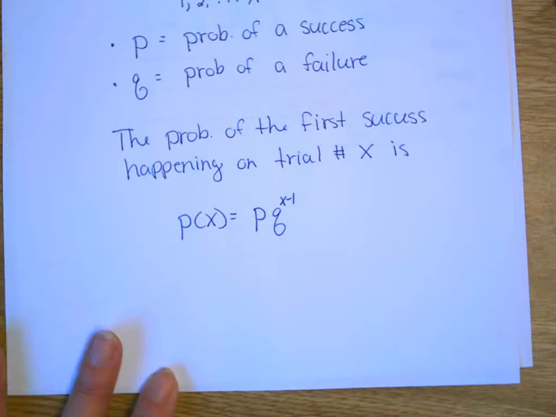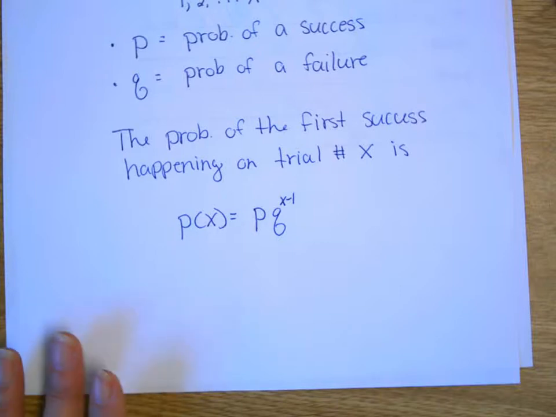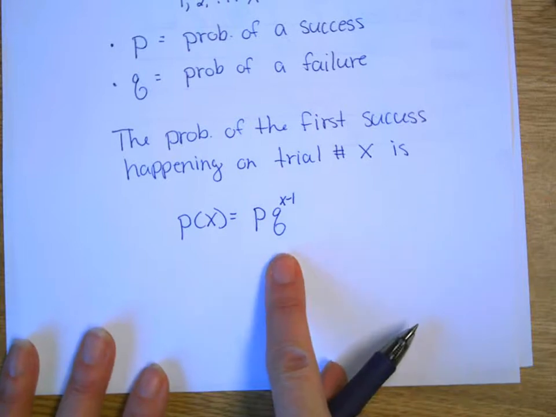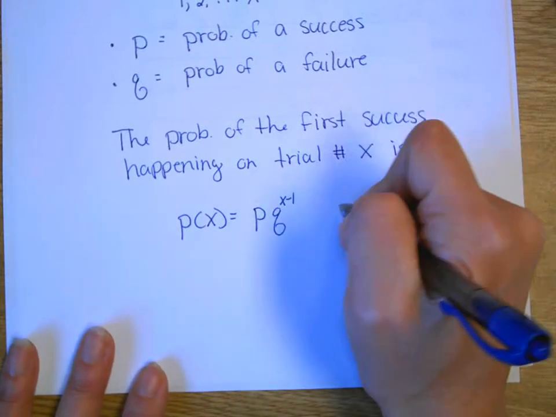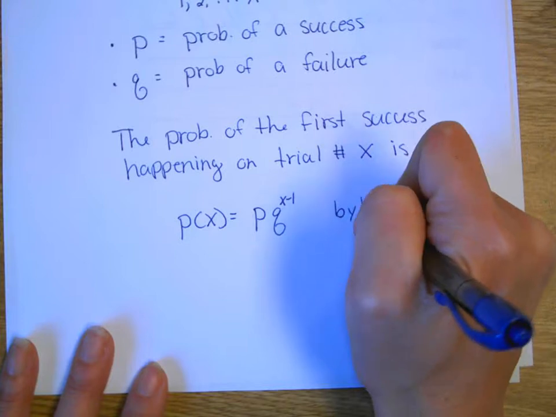That's it. So that will be our by-hand formula for what's the probability that my first success happens on the third trial. Is this built in? Yes. So this is going to be considered our by-hand formula.